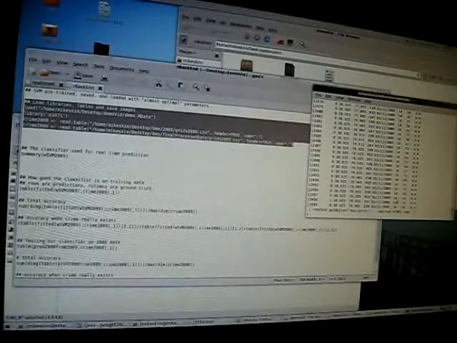This is crime, which is binary 0 or 1. This is the lat, this is the long, this is the time of day in which the crime occurred, the date, the visibility, the temperature, and the unemployment rate.